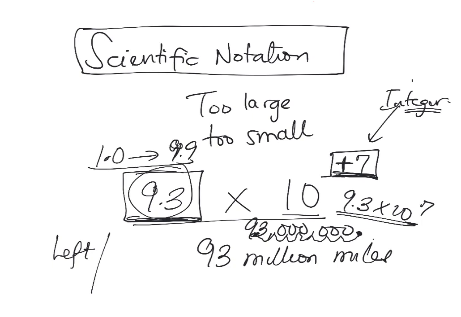This number here has to fit in between 1 and 10 essentially, but I say 9.999. So the number must fit in this first box over here, and then in this integer box here, it depends on how many times you had to move either to the left or to the right.